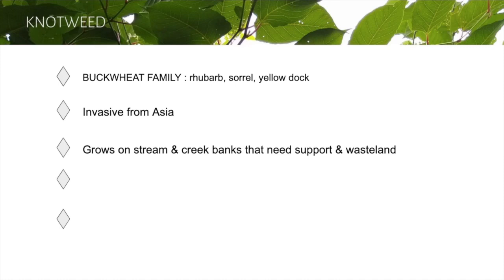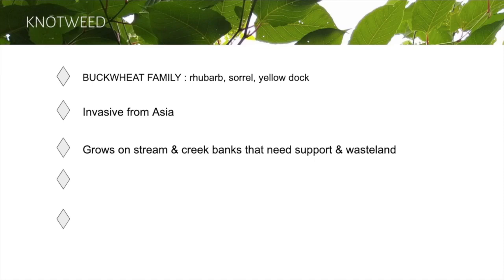Now, knotweed likes to grow on stream and creek banks that need support. Knotweed grows where the creek banks are in a fragile situation and need the added support from the root system of plants. So knotweed comes in and grows along these creek banks to give support so that they don't wash away.